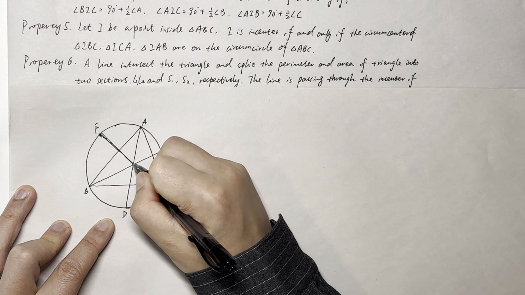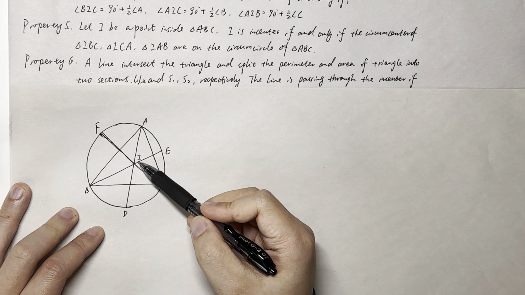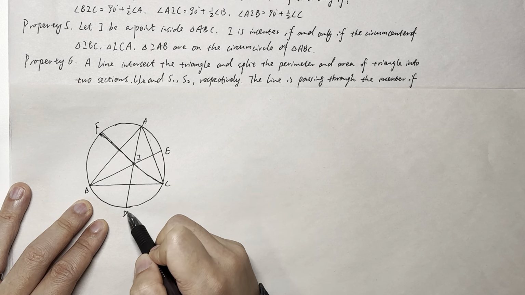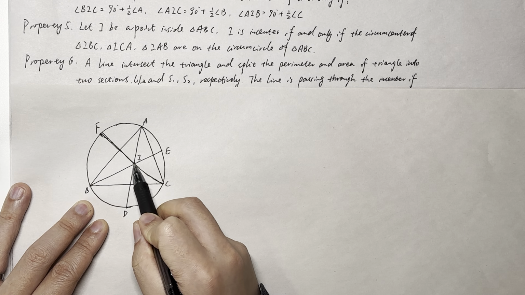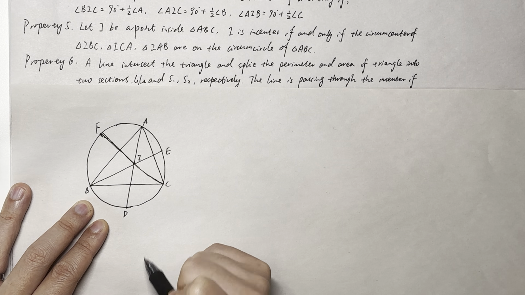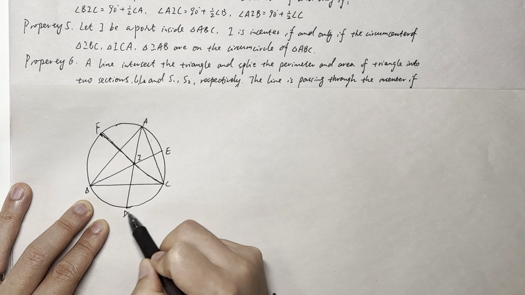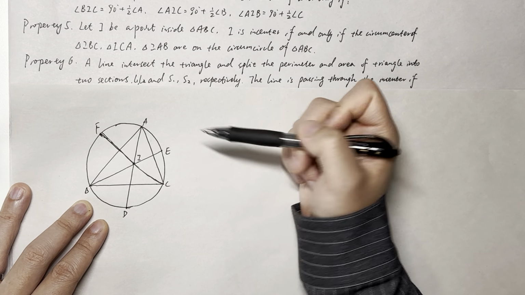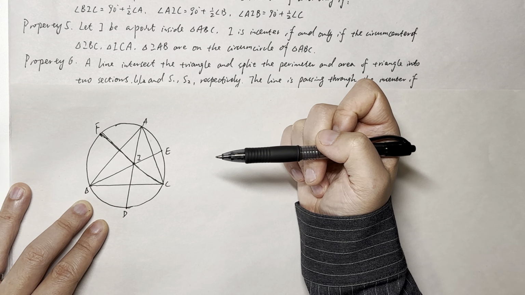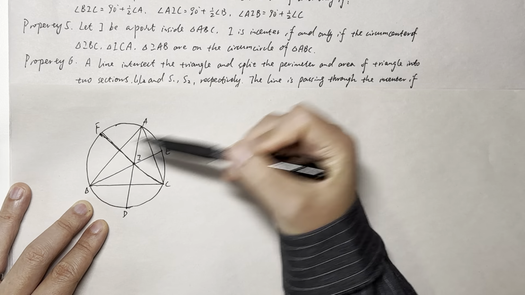Okay, this is I. If I is an incenter, then we know that point D would be the circumcenter of triangle BIC, right? Because BD equals DC equals DI, right? Similar for the points E and F. They are the circumcenters of triangle AIC and triangle AIB respectively.